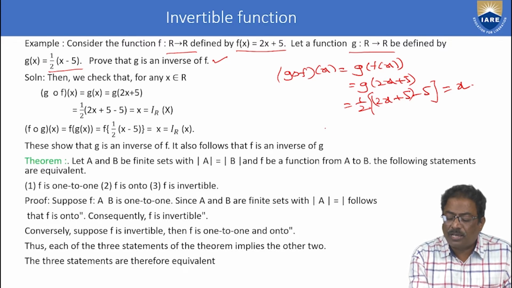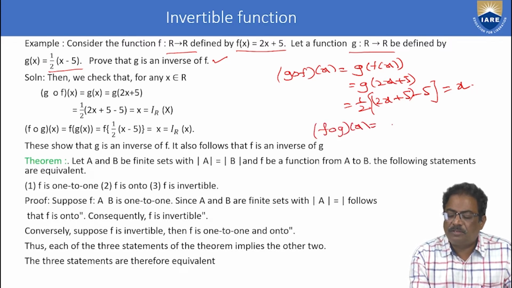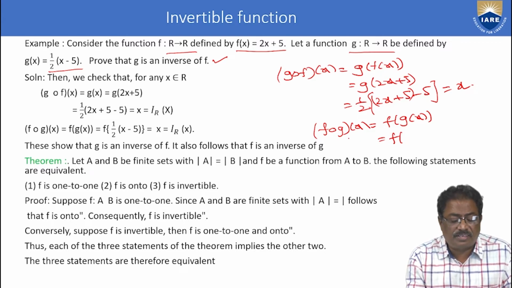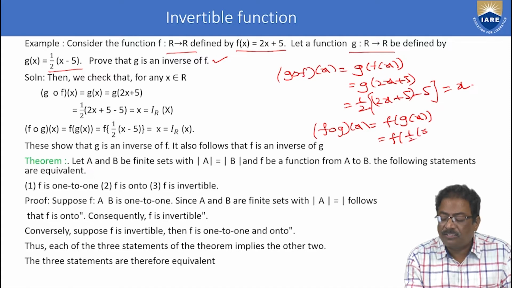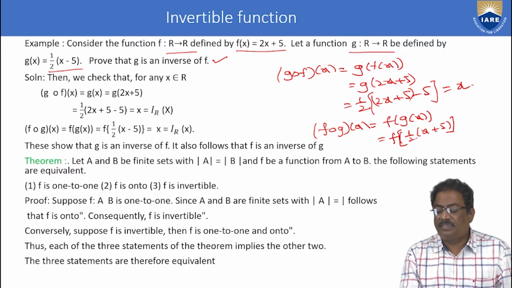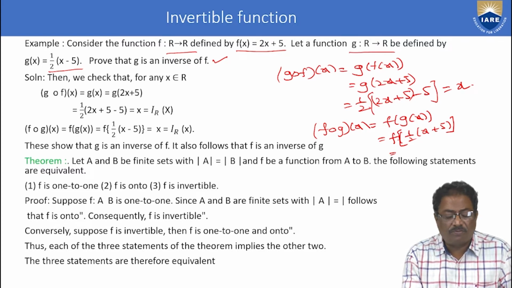Similarly, we are going to calculate in the same manner f of g of x. So what about g of x? g of x is 1 by 2 times x minus 5, and f of x is 2x plus 5.